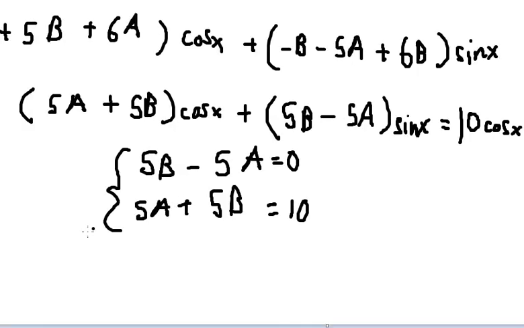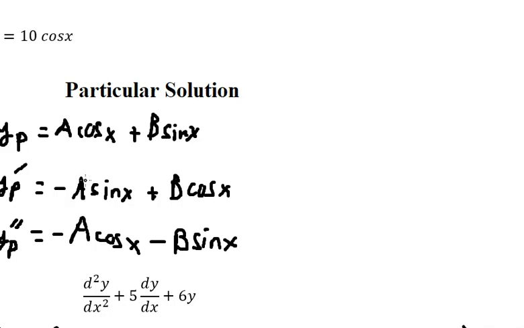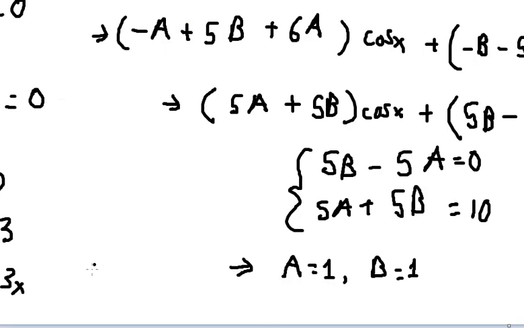So we can find the values of a and b. So a equals 1, b equals 1. So after we have a and b, we put them here and here. So yb in here is sine x plus cosine x.